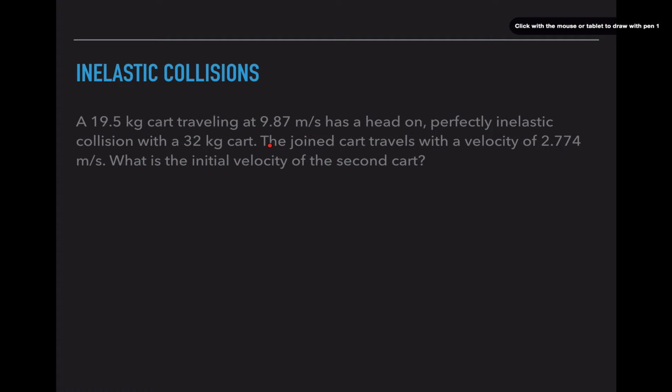So for this example, when I write down my equation, the two carts are separate to begin with, and afterwards they are sticking together. So just like in the previous videos, I'm going to take my two masses and add them up, so I only have to do this math once.